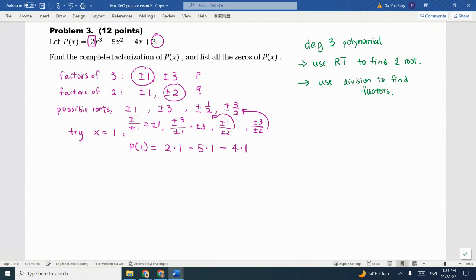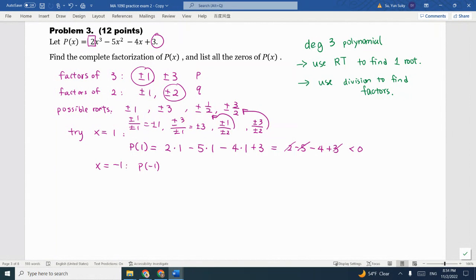Minus 4 times 1, plus 3. So 1 minus 5 minus 4 plus 3. 1 plus 3 is 4, minus 5 is negative 1, minus 4 is negative 5, which is not 0. So 1 is not a root. Keep going. Next one, negative 1.